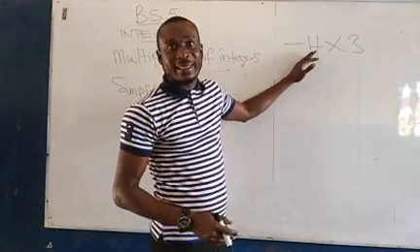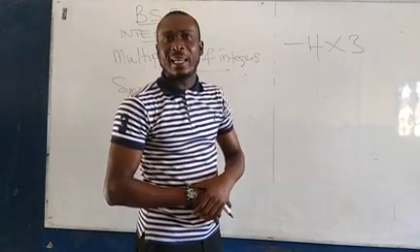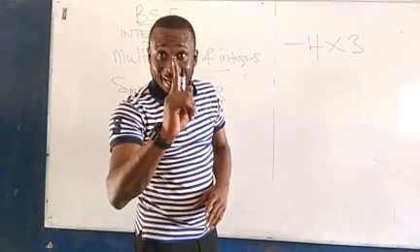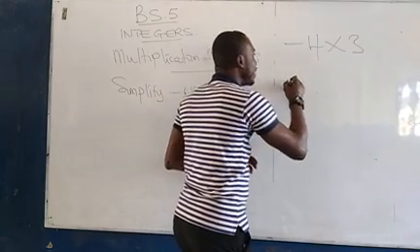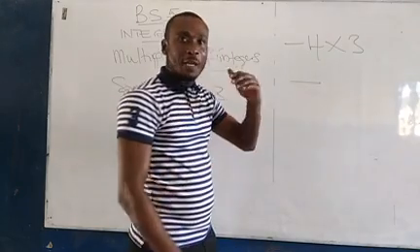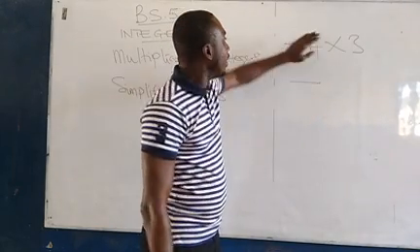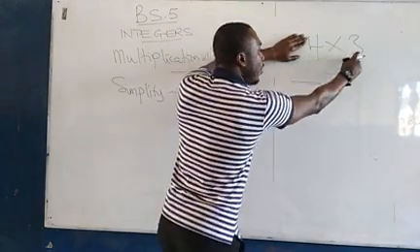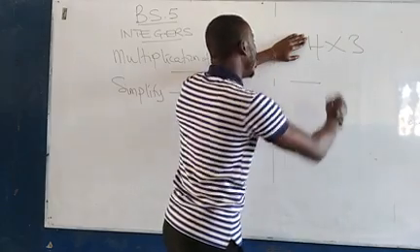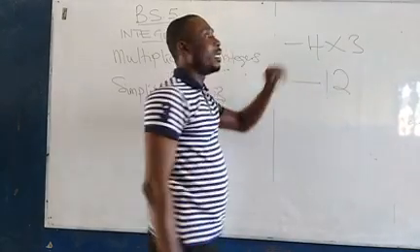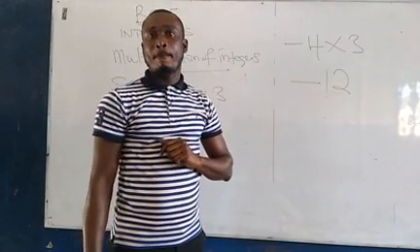Let's look at it. In this case, how many negative signs do we find in our multiplication? 1. We are still going to maintain this negative sign. So you maintain it. After maintaining that negative sign, just multiply your two numbers. We're going to have 4 times 3.